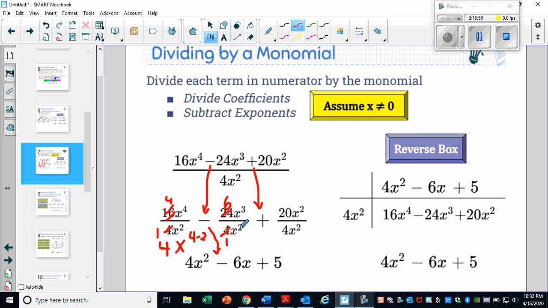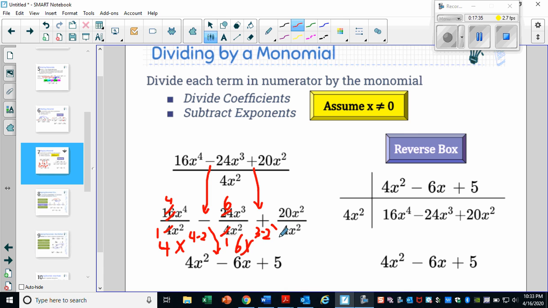No. And then, of course, you have 6x to the 3 minus 2, which becomes 6x to the first, or in this case, since we know if the exponent is 1, we just leave it as 6x. Now the last part, again, is key.